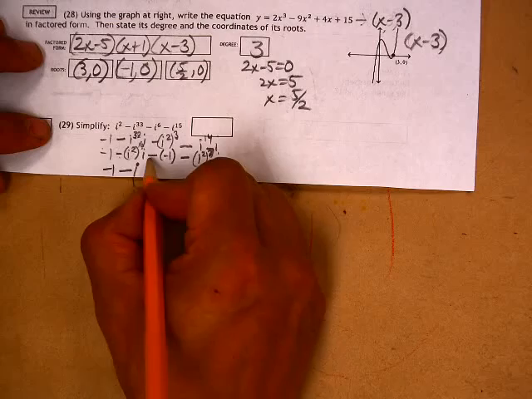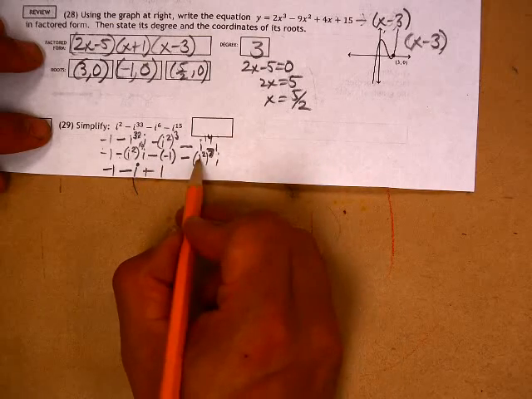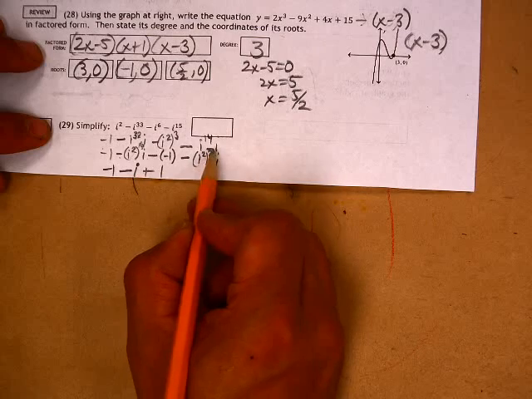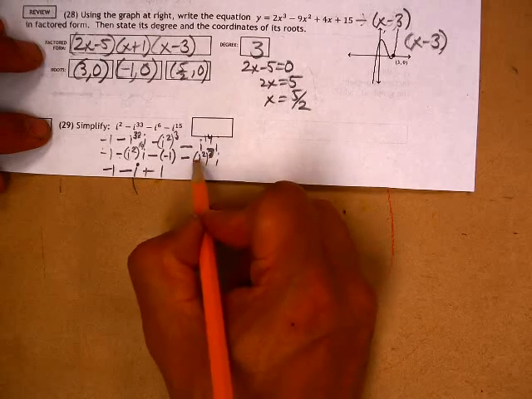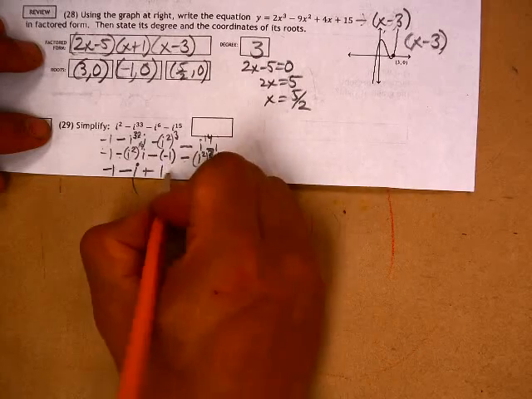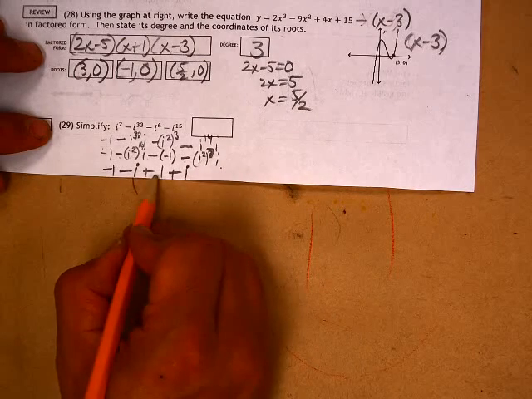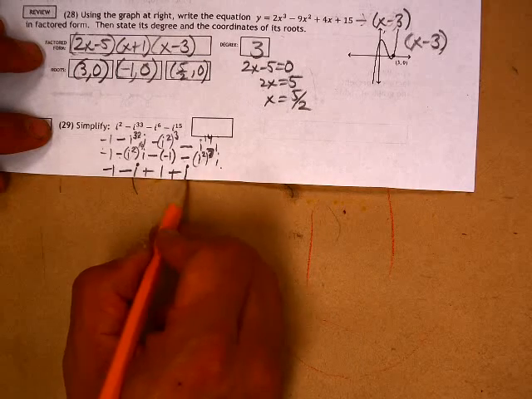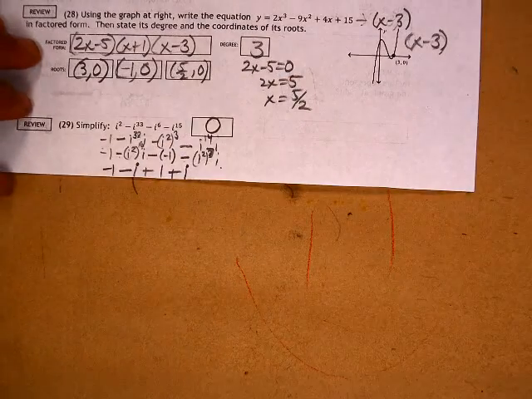Here I have negative 1, so that's a plus 1. Right here, i squared is negative 1. Negative 1 to an odd power is negative 1. A minus negative 1 is plus 1 i. So plus i. So minus 1 plus 1 cancels. Negative i plus i cancels. I don't really have an answer.